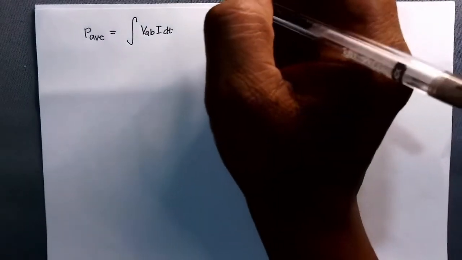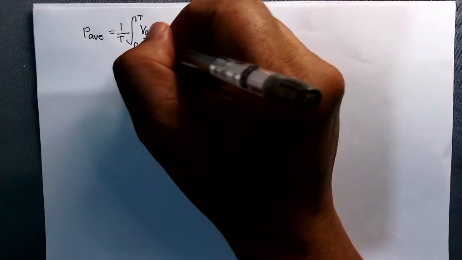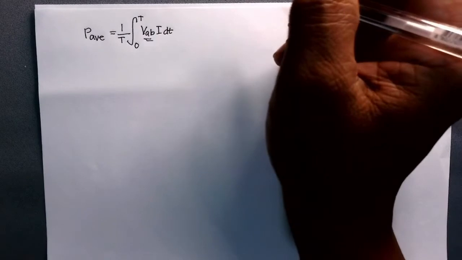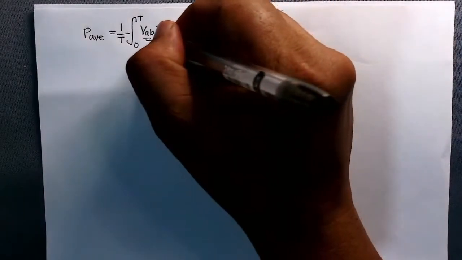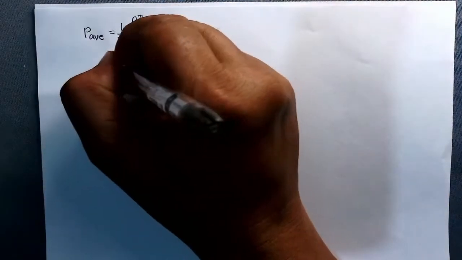So we integrate this with respect to t, and we are integrating this over a period, so 1 over T, from 0 to T. Okay? So we have a value of this one in our previous video, and also the value for the current in our previous video.